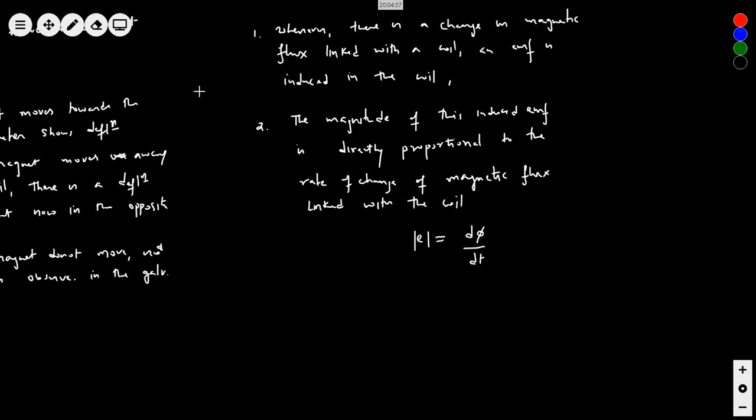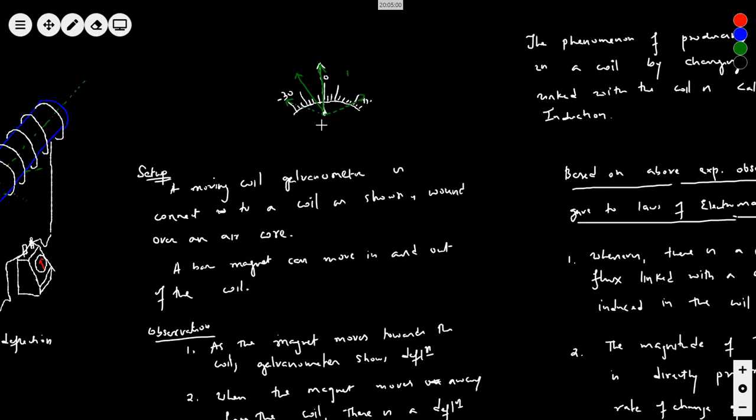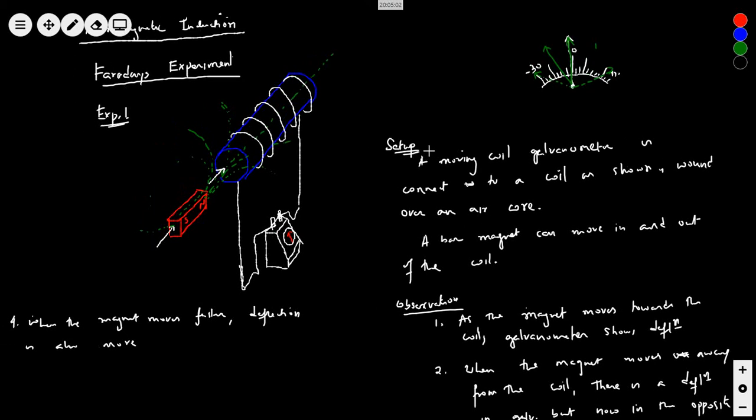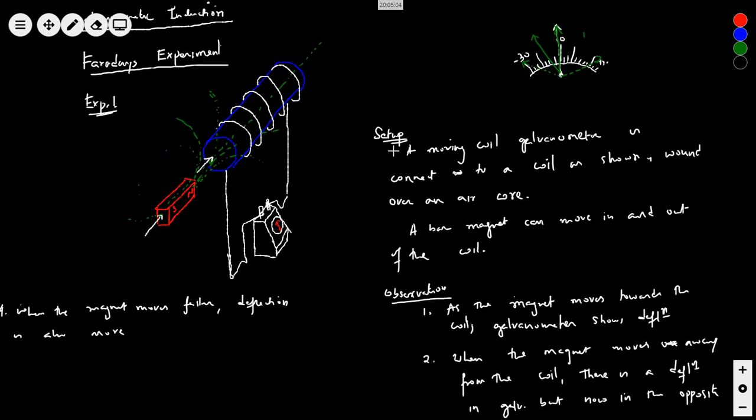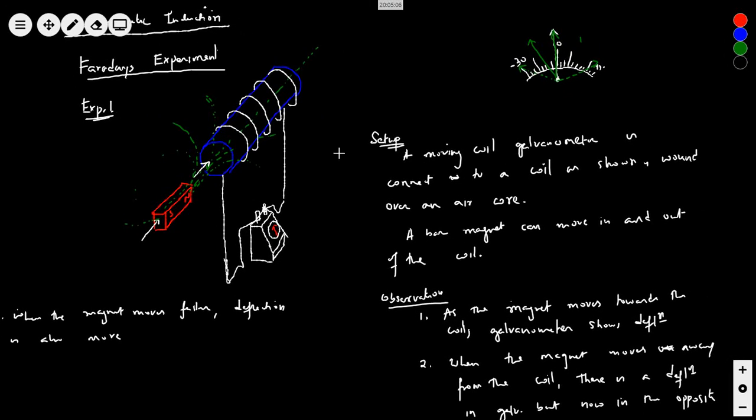So any question before I proceed to the next topic? Let me ask you a few questions, if you can answer. If I rotate the bar magnet and take the south pole close to the coil, what will happen? In this case, the north pole was approaching the coil; if instead the south pole is moving towards the coil, what will happen?